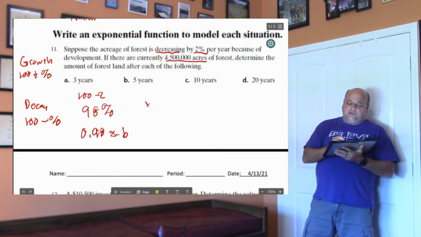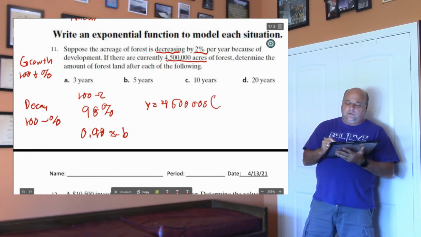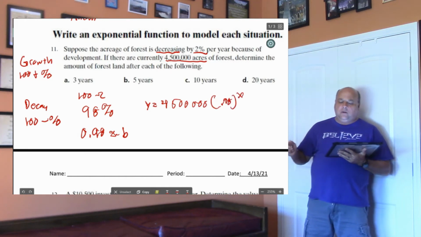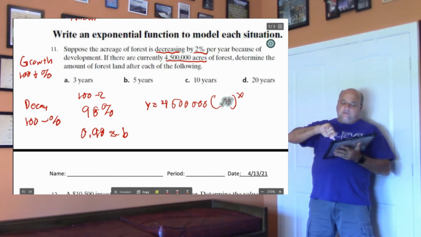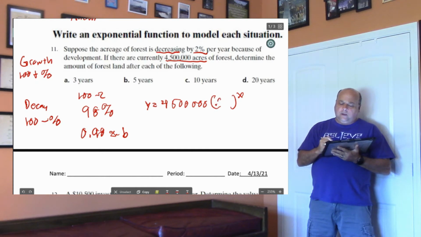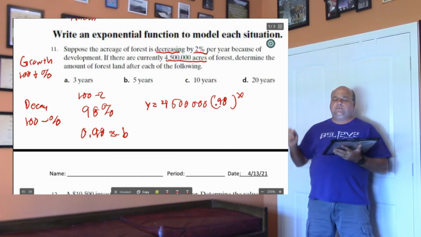So the equation is going to be y equals 4,500,000 times 0.98 to the x power.